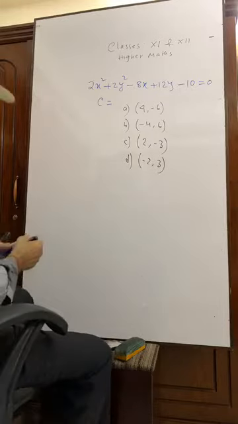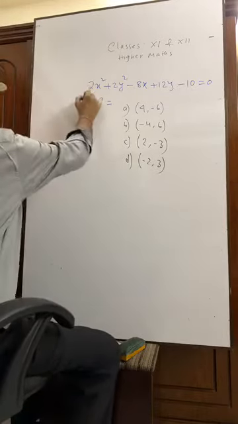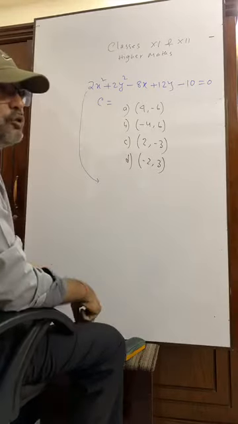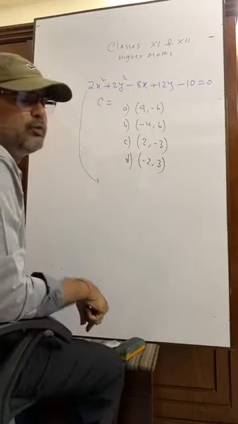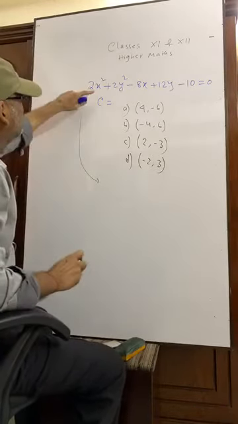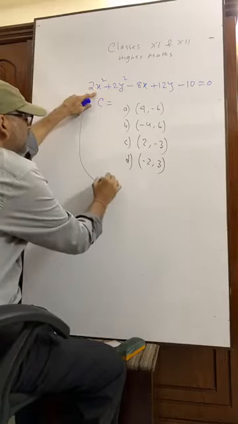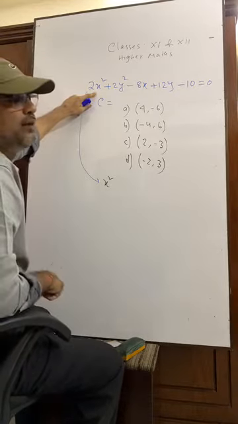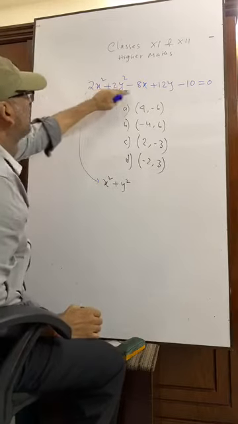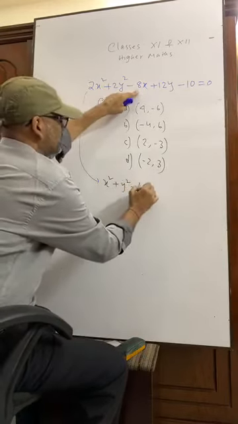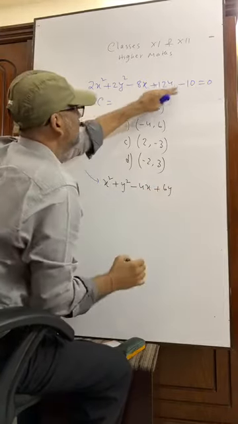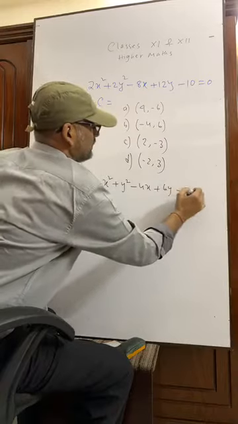Just try to understand. Your first duty is to make the coefficients of x square and y square equal to 1, only 1. That means it is to be divided by 2. So this is x square plus y square, minus 4x, plus 6y, minus 5.